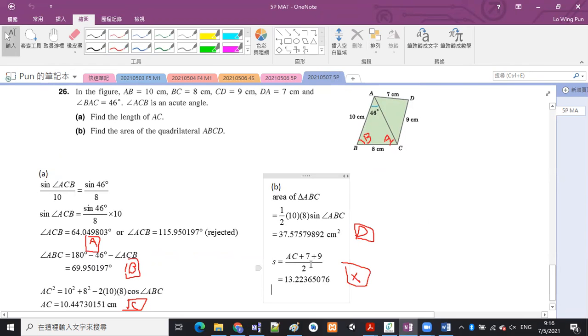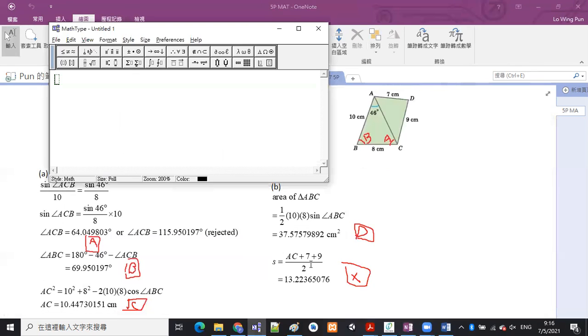And finally, calculate the area of triangle ACD, which is equal to the square root of S times S minus 7, S minus 9, S minus AC.